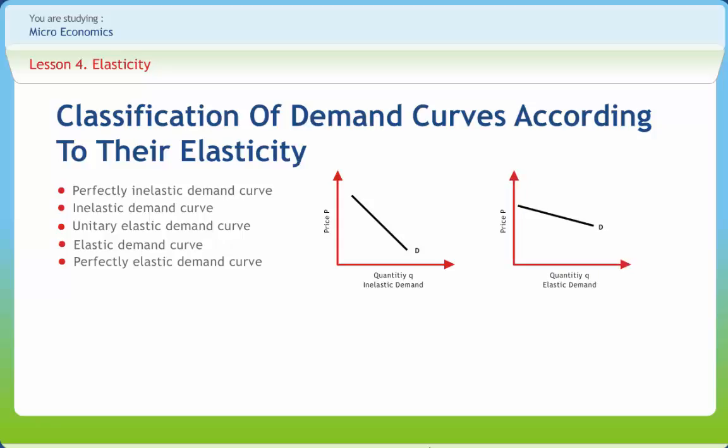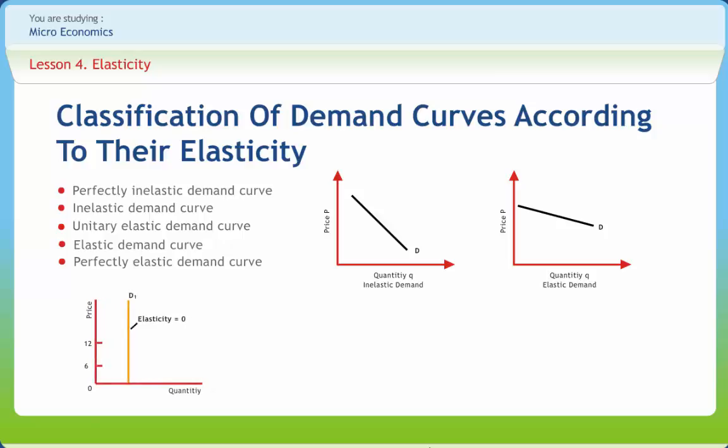If the PED is less than 1, the good is inelastic. Demand is not very responsive to changes in price. If, for example, a 20% increase in price leads to a 5% fall in quantity demanded, the price elasticity equals 0.25.